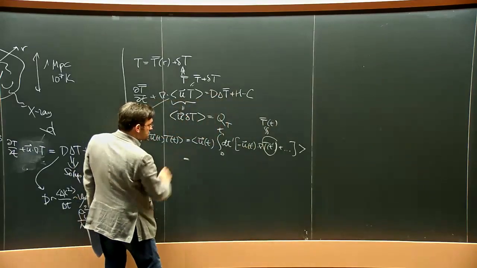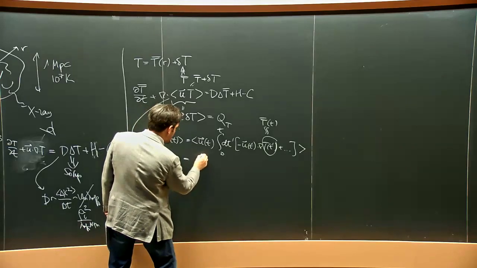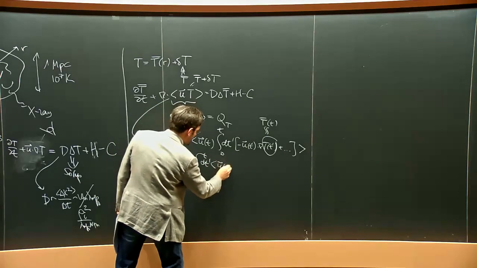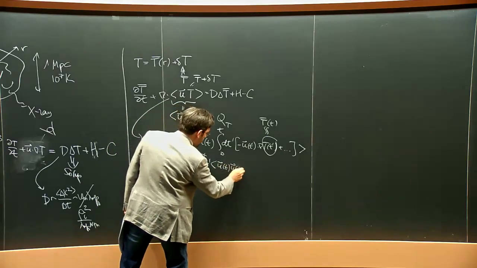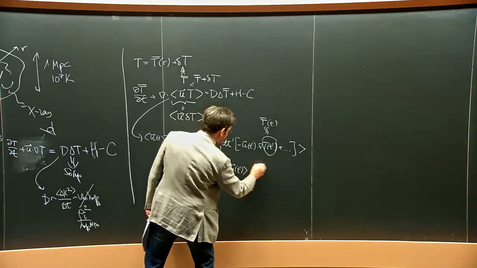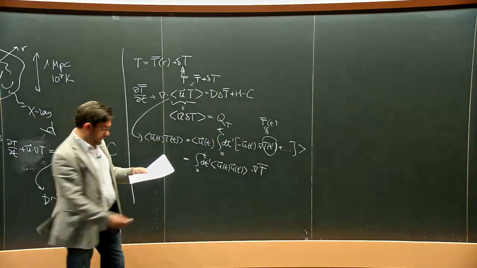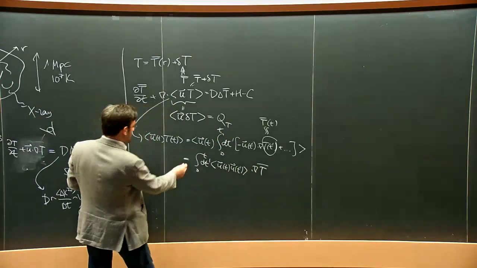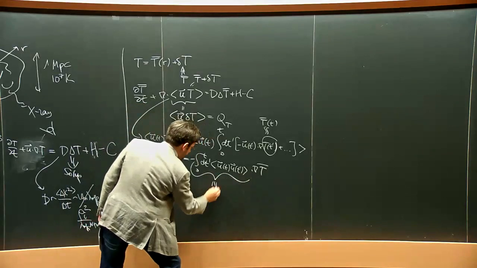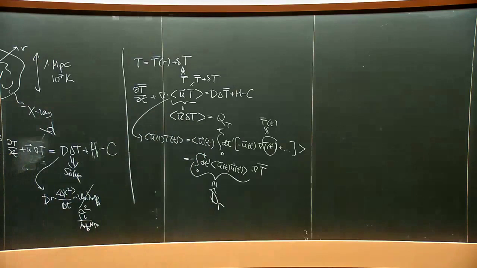And what this will give me is an integral from 0 to t dt prime u of t prime dot grad T bar. And now this goes into there, and you see that what effectively has happened, there is a minus sign, and what effectively has happened is that right here I have a matrix which I can call turbulent diffusivity of this cluster.